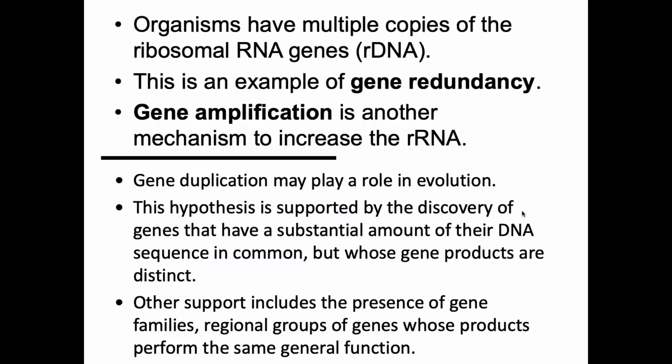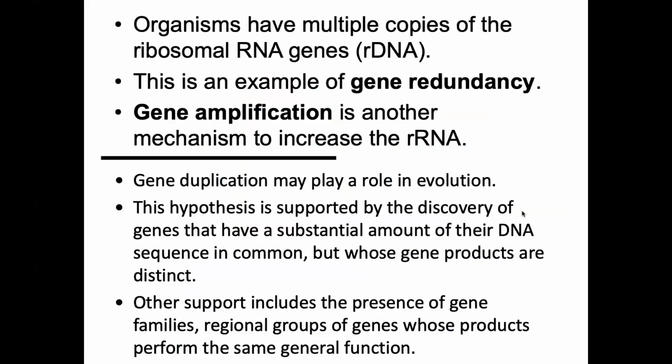But actually, gene duplication events can have a positive outcome as well, and actually a very important positive outcome in terms of a driver of evolution and the ability, through evolutionary processes, to create more complex life forms, more complex organisms.